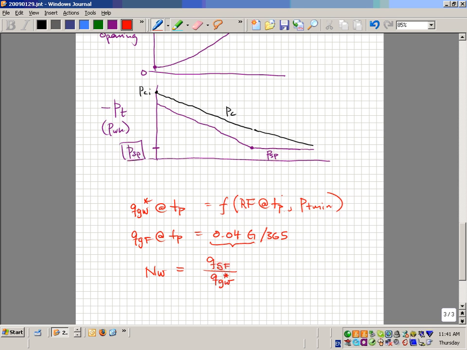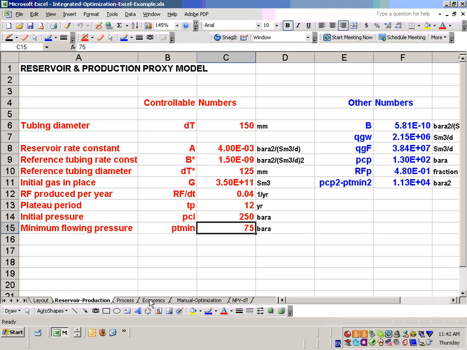So if you change recovery factor, PT minimum, how much you take out per year, gas in place, on and on, these are all first order effects that will affect how many wells it takes to make sure you can deliver that gas rate at the end of 12 years. And that's the main result of this sheet.